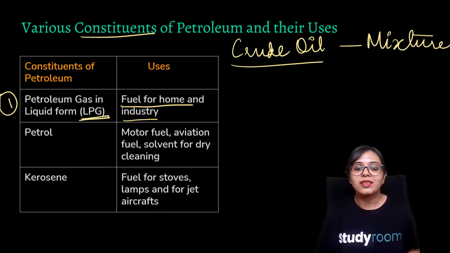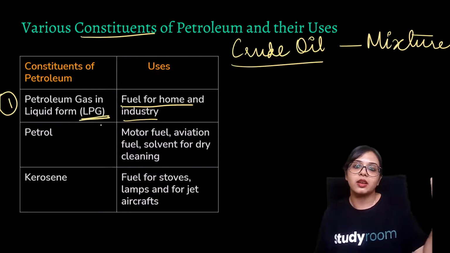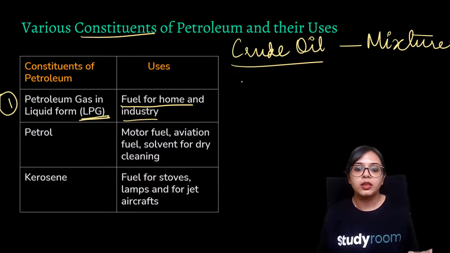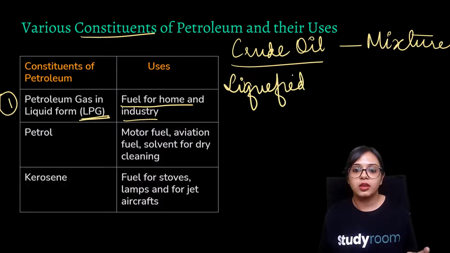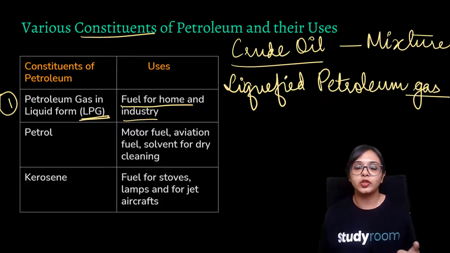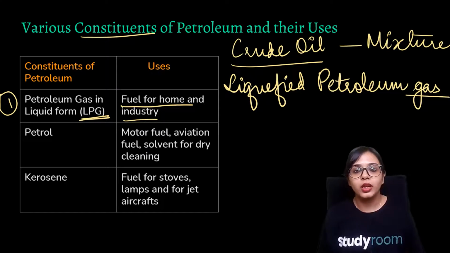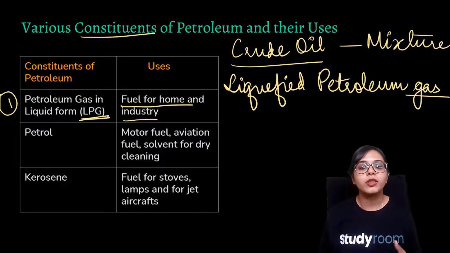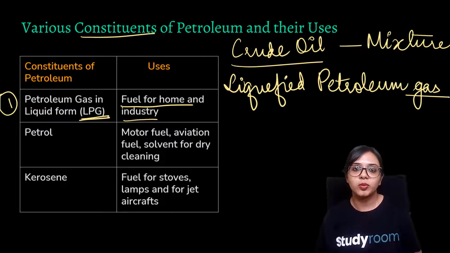So what is this LPG that comes in a red cylinder at your home? This is nothing but liquefied petroleum gas. There is some gas that you extract from this crude oil, and this gas is highly beneficial for cooking food at home, but it can also be used for some industrial processes.